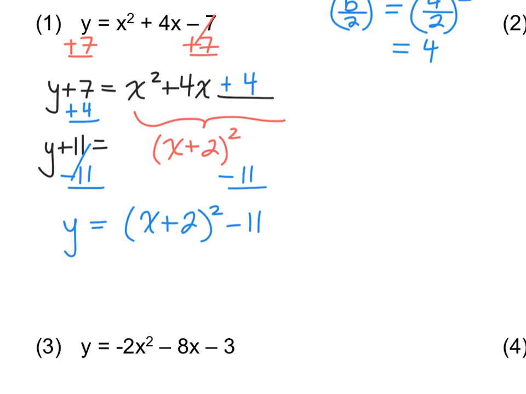So from this, I can get my vertex and my axis of symmetry. They asked for the axis of symmetry first and then the vertex, but I like getting the vertex by putting it into standard form. Correct. And then from the standard form, we can state the vertex. What would the vertex be?